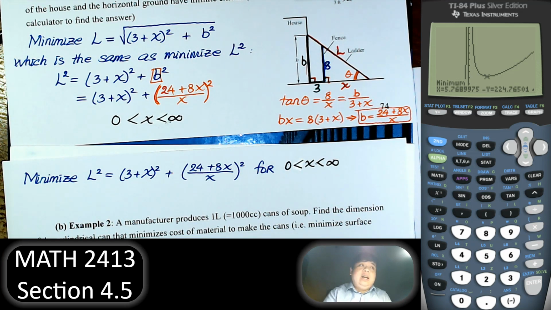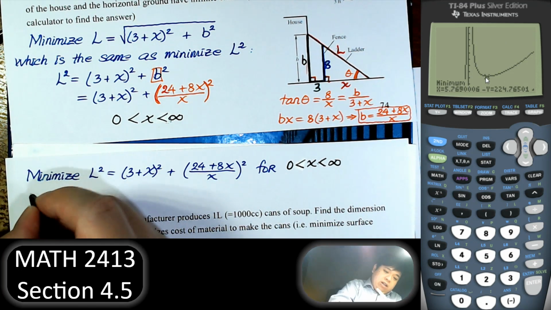Right, let's do that again. Second trace, number 3 for minimum. Let's go to the left of that and go to the right of the point. Now it will find the minimum in that interval, and hit enter one more time. We have that.